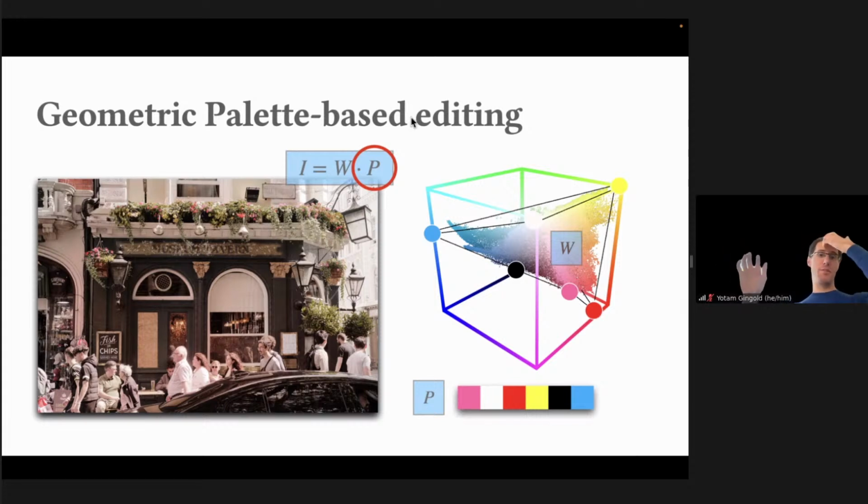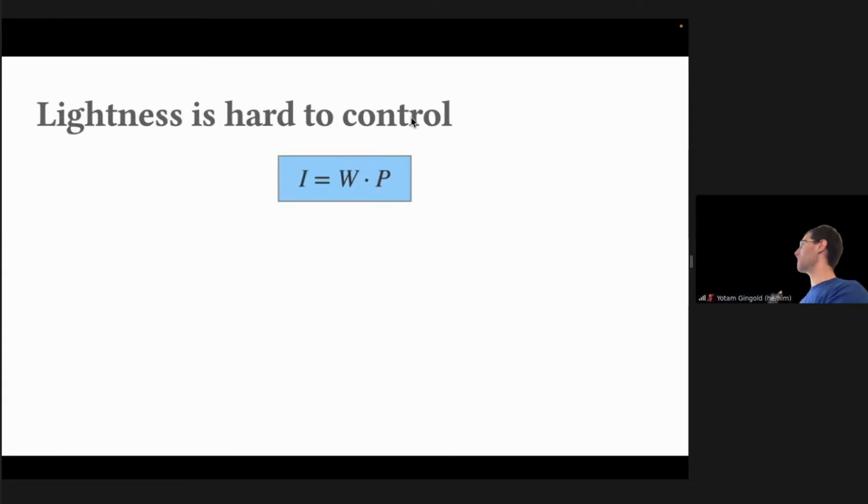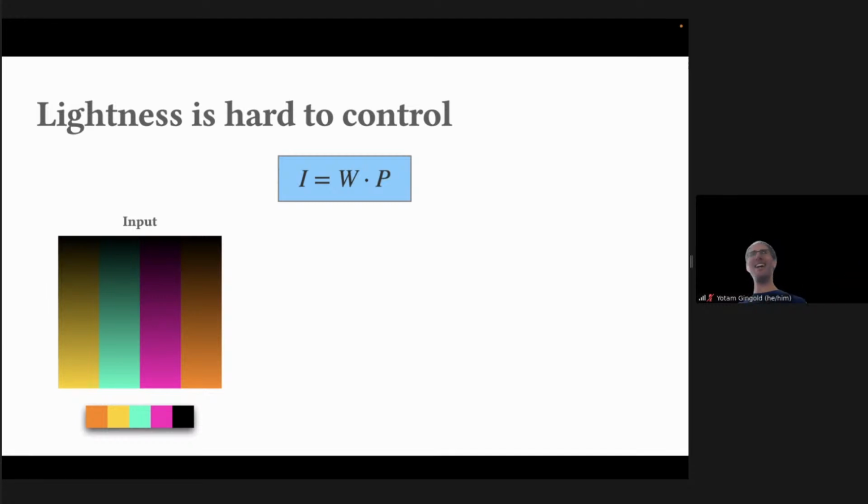Now, when you do this formulation, lightness is actually very hard to control. So this is an example of just there's like a little delay through Zoom as this goes. The server is far away and comes back. If you have like a linear gradient, right? So you have this ramp going from black to 4 different colors there, right?